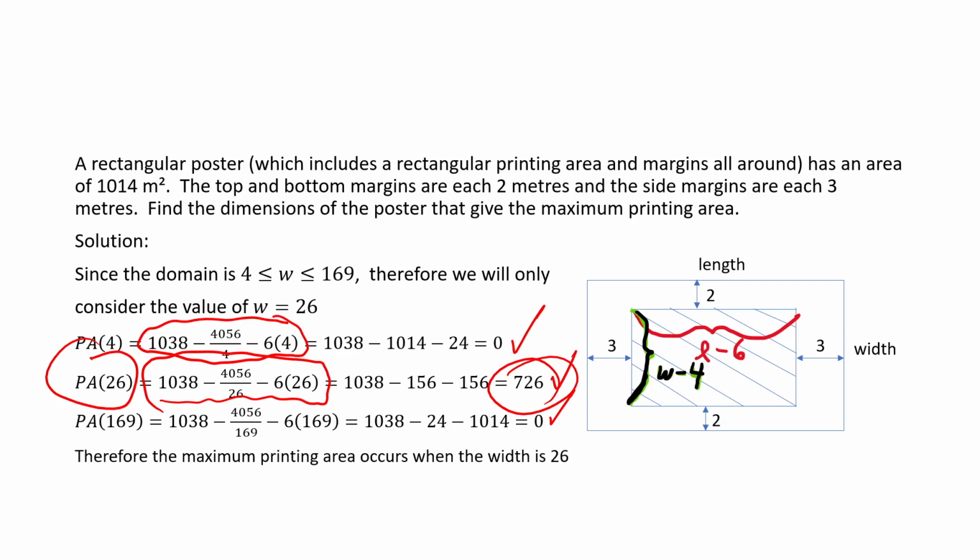Now, the question says, what are the dimensions of the overall poster? The W that we just found is the width of the overall poster. We know that'll be 26. So all we have to do now is figure out the length of the overall poster.